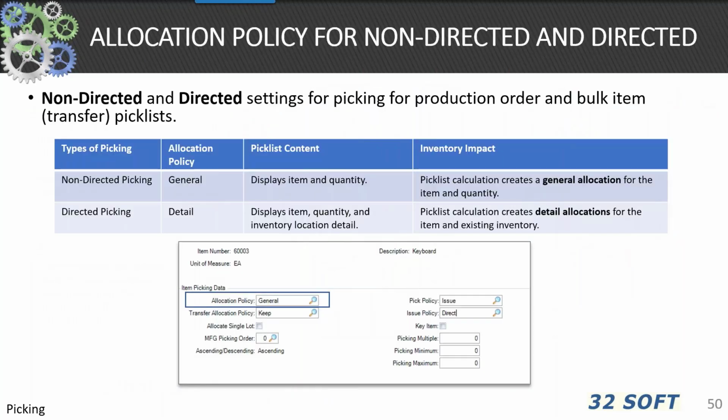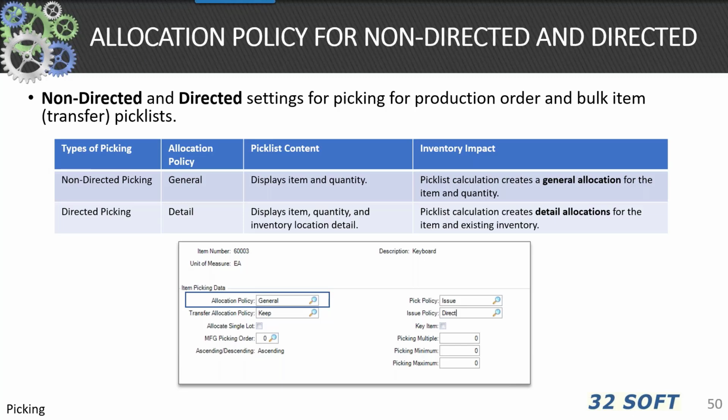Allocation policy for directed and non-directed picking should be considered for both production orders and bulk item pick lists. The allocation policy specifies the automated processes created for inventory allocations. With detail allocation, the item determines the demand for the allocated stock.